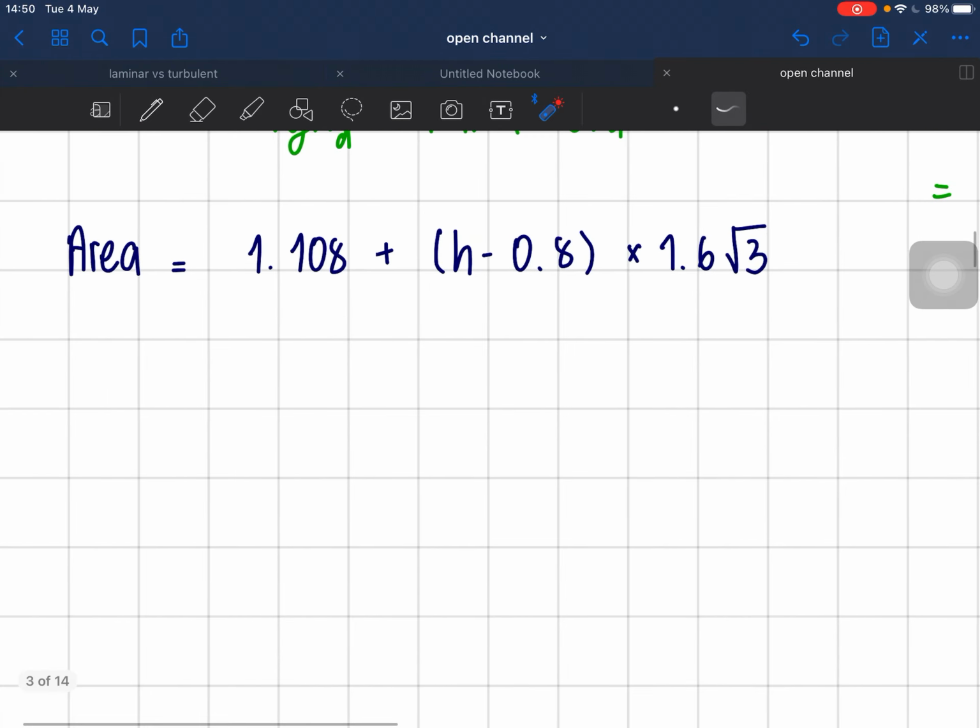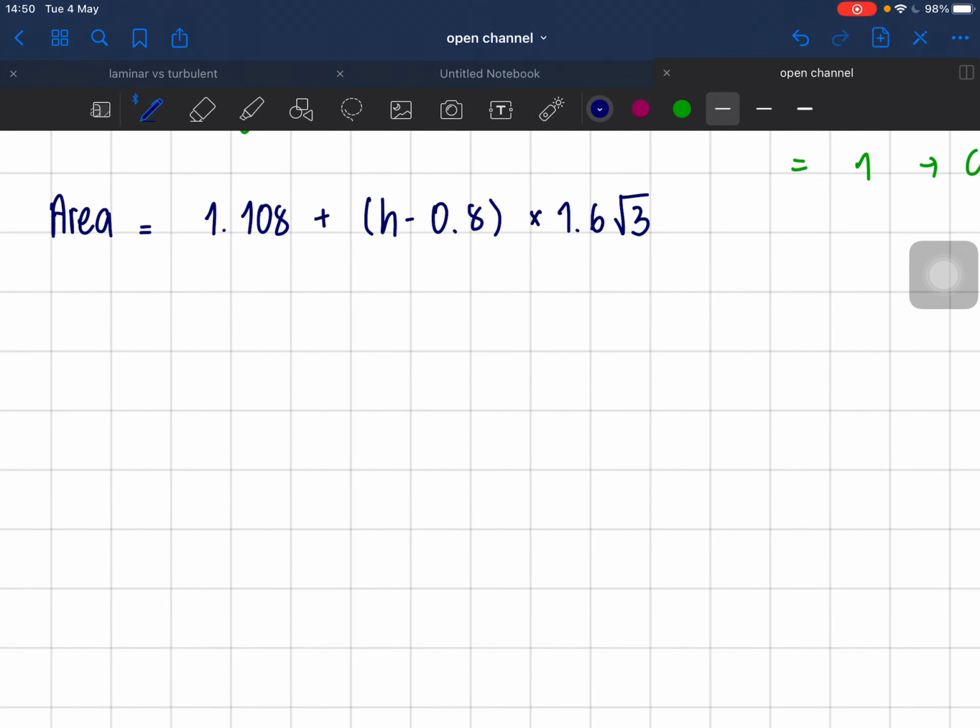So then we can see that the area is like this, and we can simply write it as, okay, so this is the base, right? The base is 2 times 0.8 times tangent of 30 degrees. It's 2.771 h minus 1.108. Am I right?